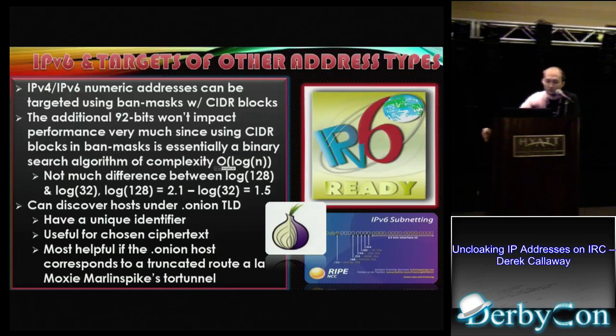If they're using Tor, then what's going to happen is you're going to uncloak their .onion address, which, yes, is not the real IP address, but at least you have a unique identifier on that client and something that goes back in the direction of their route.